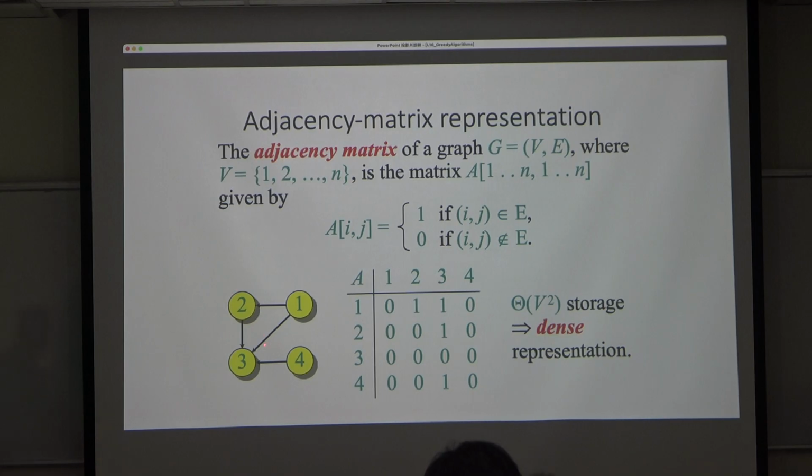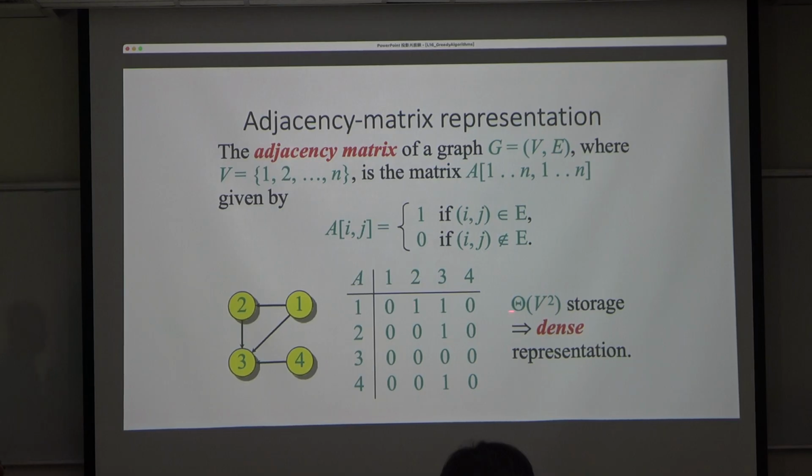This is an example, a directed graph by the way. You can see in this matrix we have 4 edges, so only 4 elements are 1. All the other elements are 0.